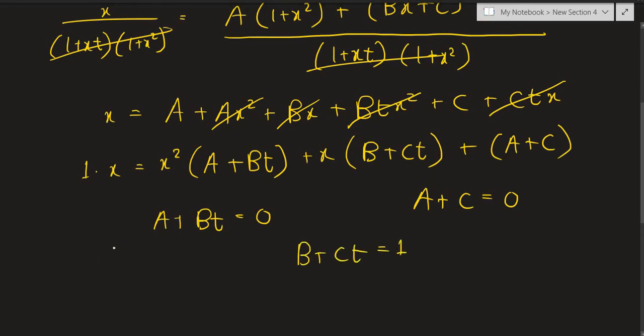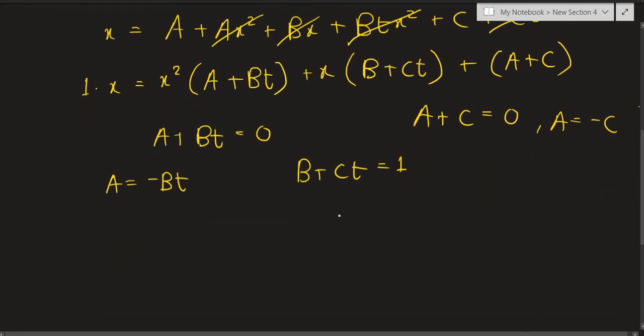So now we obtain a is equal to negative bt, a is equal to negative c, and over here we have c equals bt.